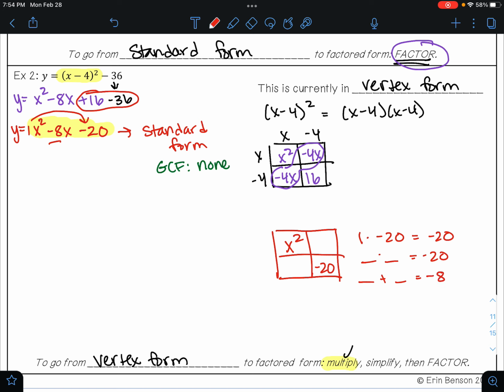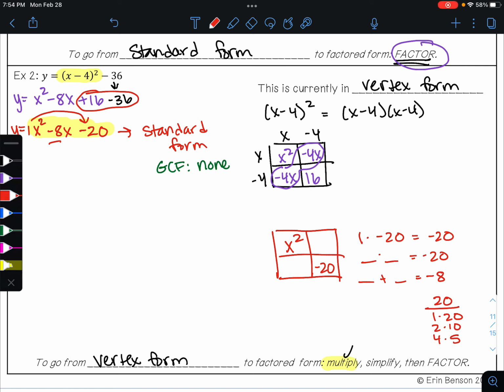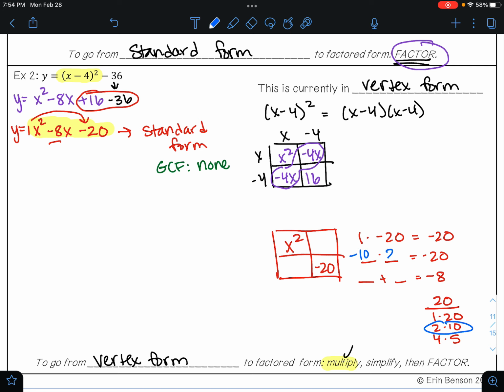If you're having a hard time, write out your factors of 20. The numbers that multiply to 20 are 1 times 20, 2 times 10, 4 times 5. Which one of these pairs could give me a negative 8? Well, 2 and 10 could give me negative 8 if 10 was negative and 2 was positive.